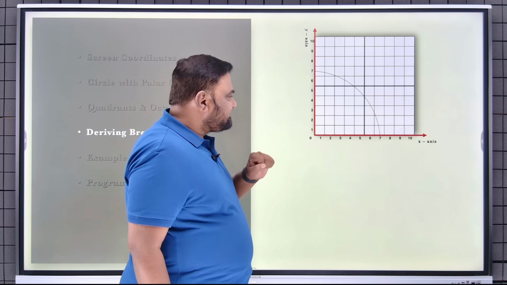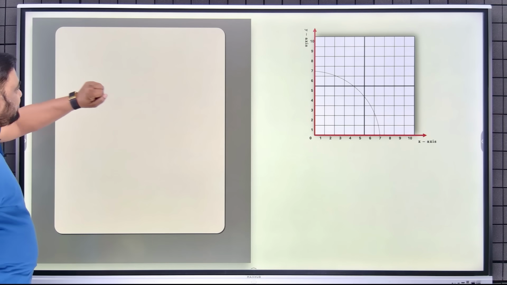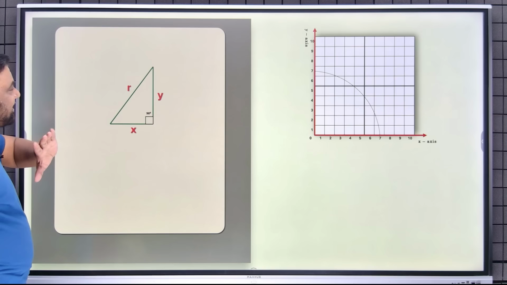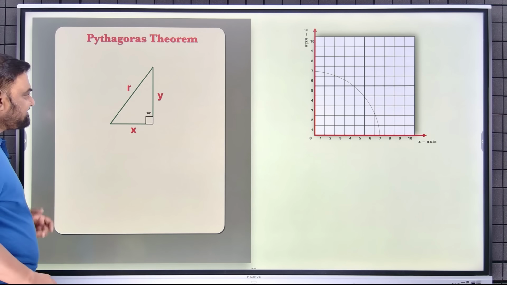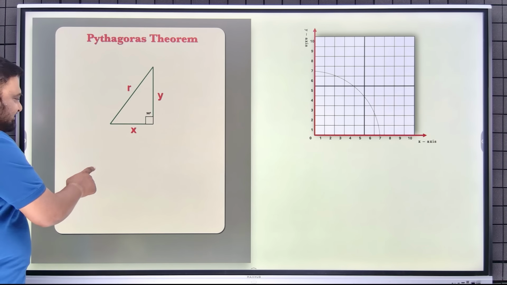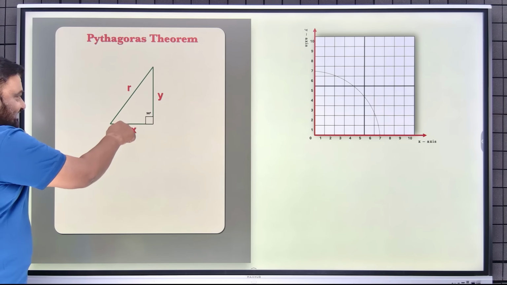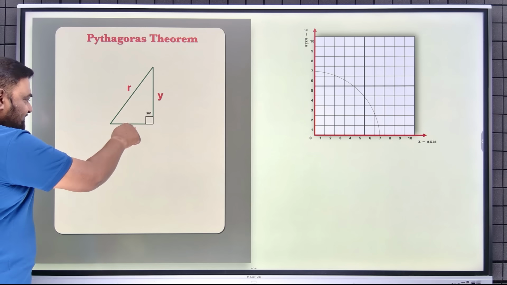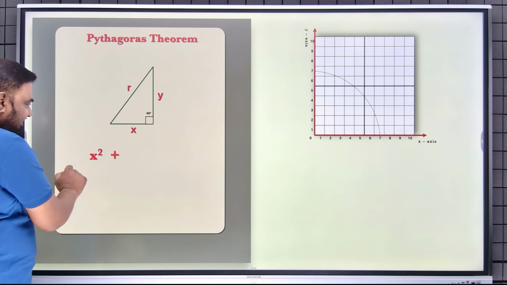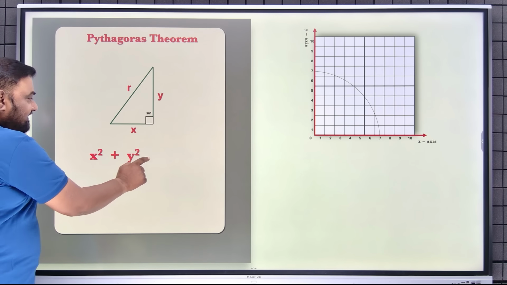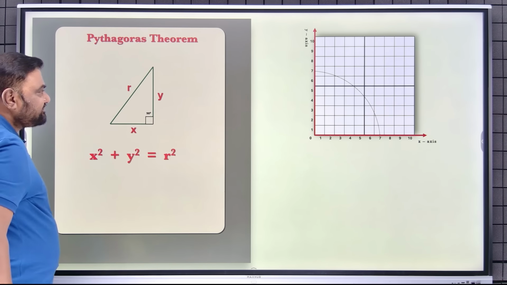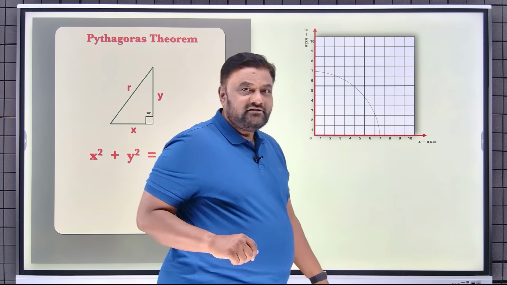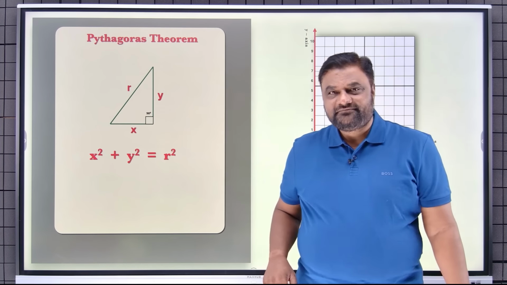So I'll take out this triangle and keep it here. Now we'll apply Pythagoras. What does Pythagoras say? It says that if you take the sides other than the hypotenuse, this is called the hypotenuse, and the other two sides, x square plus y square is equal to radius square or hypotenuse square. This is Pythagoras theorem.